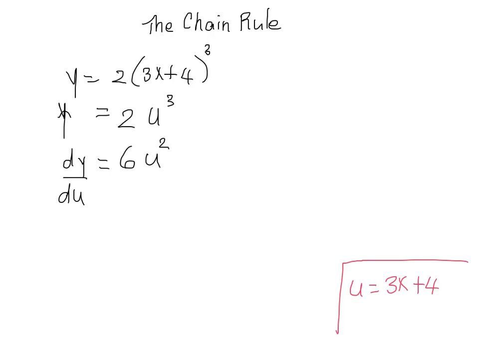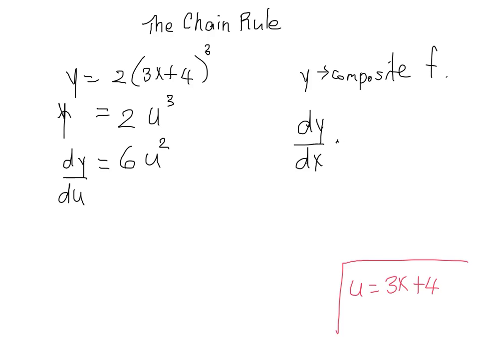So here is the actual chain rule. If you want to figure out what dy over dx is, and you know that y is a composite function, then you can take the smaller part of the function, the one that's inside, and differentiate it. Here is why.